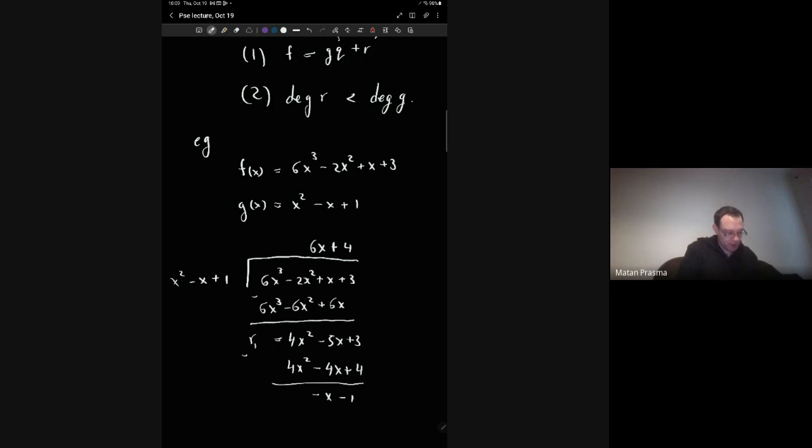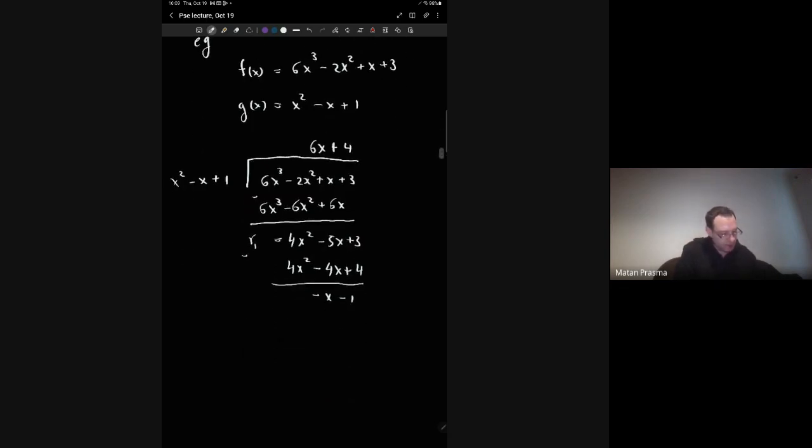Okay, so the result is that, and you can check it, 6x cubed minus 2x squared plus x plus 3 is equal to x squared minus x plus 1 multiplied by the result, the quotient, 6x plus 4, plus the remainder.